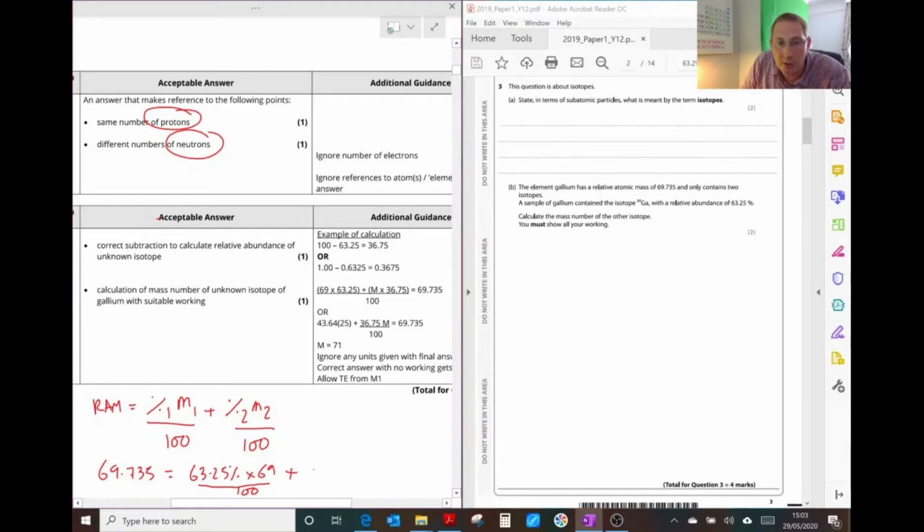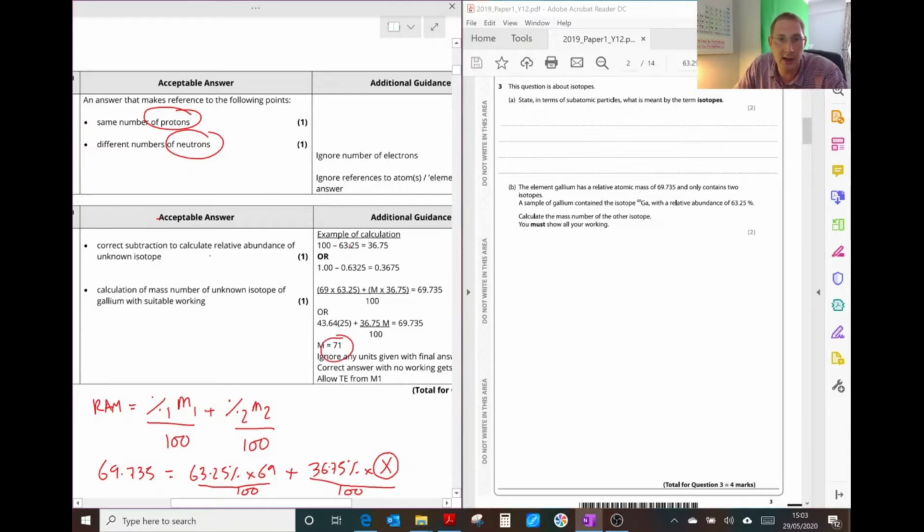You know the percentage of isotope 2 because you're told there's only 2 isotopes, so the other one must be 36.75% times what you don't know, which I'm just going to call X, over 100. Solve that and you get an answer of 71 here.